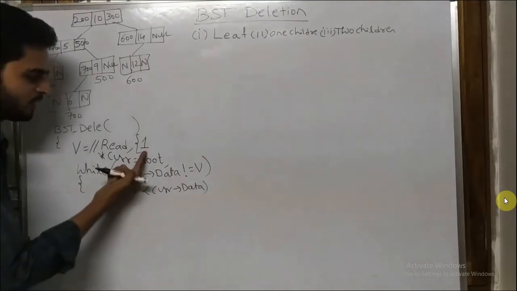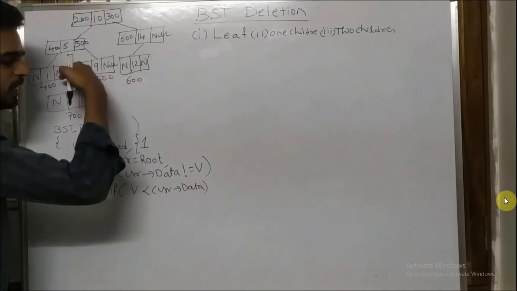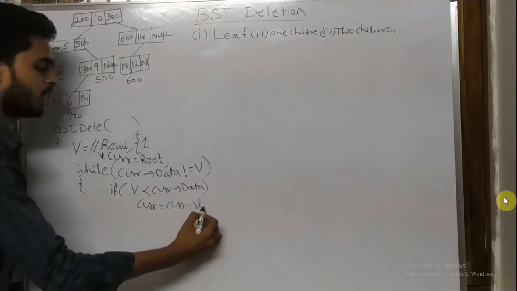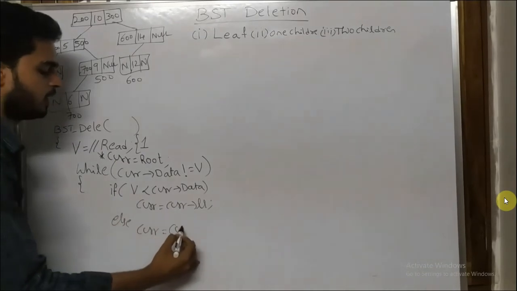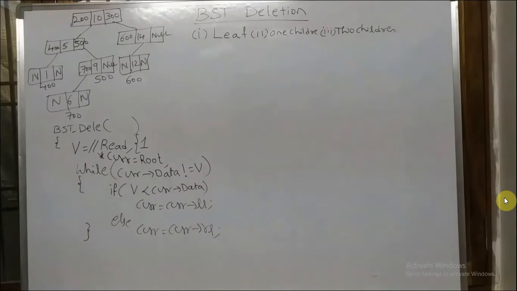When the searching value is less than the current node value, I need to go to the left side. So I make current equal to current->left. Otherwise, current equal to current->right.